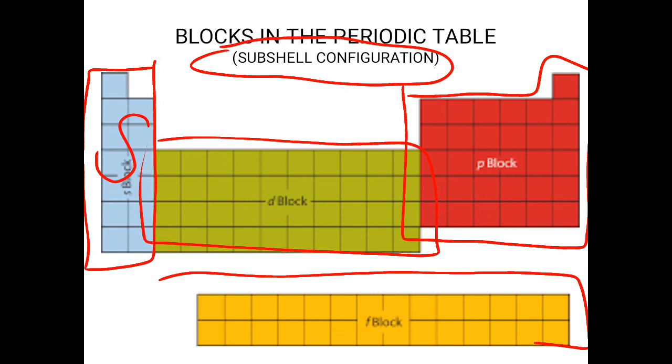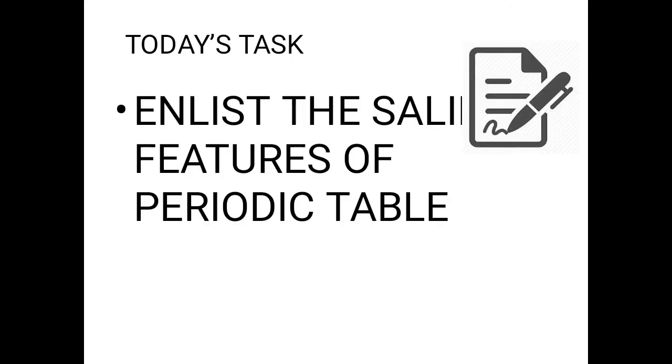And in the lower 2 rows, the elements are classified as the F block, because they have their outermost valence electrons in F orbitals. So this is enough for today. In today's class we have learned what a periodic table is, what the periodic law is, and what the important features explained in the periodic table are: the groups, the periods and the blocks.